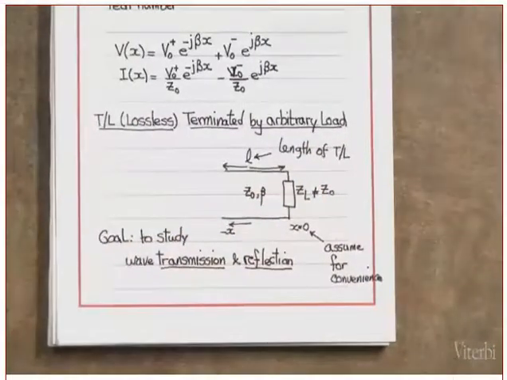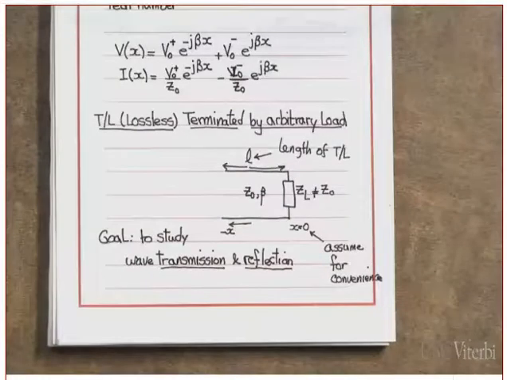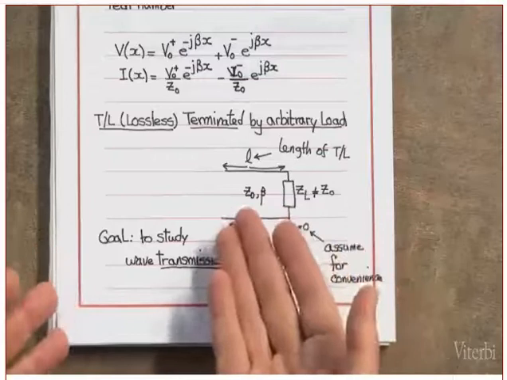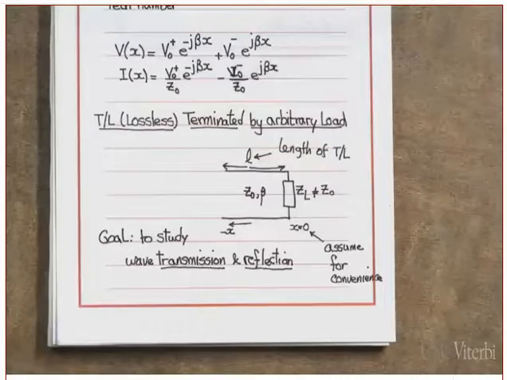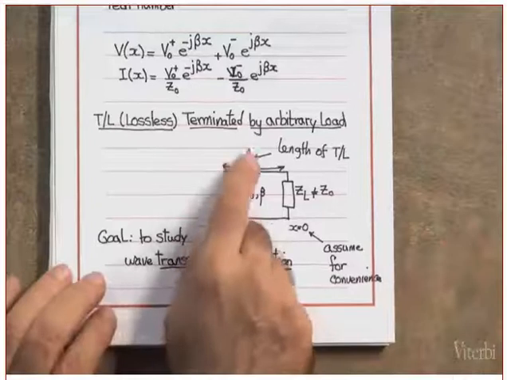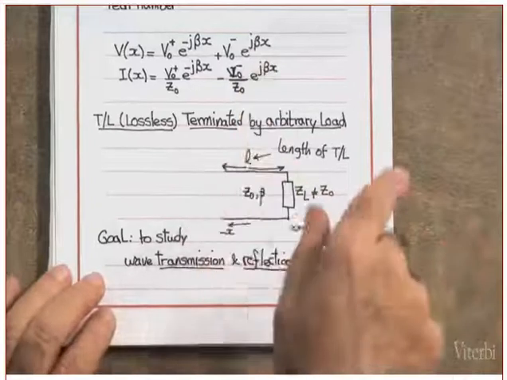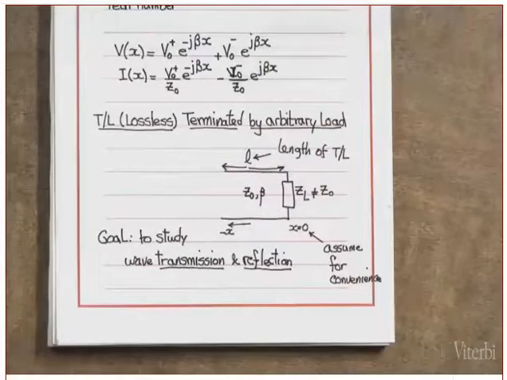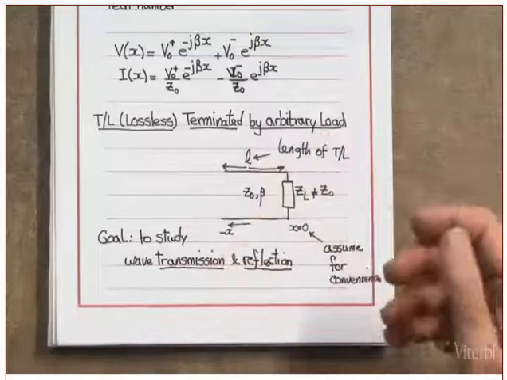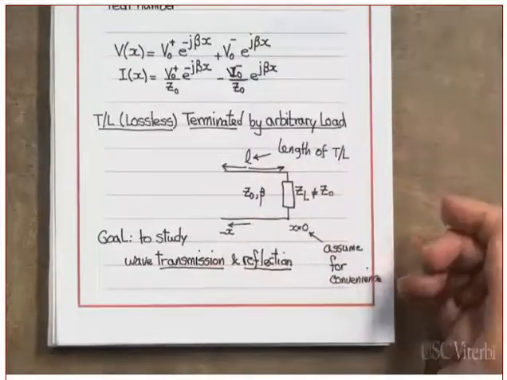And as I will show you shortly, beta is 2 pi over lambda, which means you are specifying the line by its length. You will hear people talking about a quarter of a wavelength transmission line. It means L is equal to lambda over 4. Or a half wavelength line, lambda over 2. Did you get this or not?